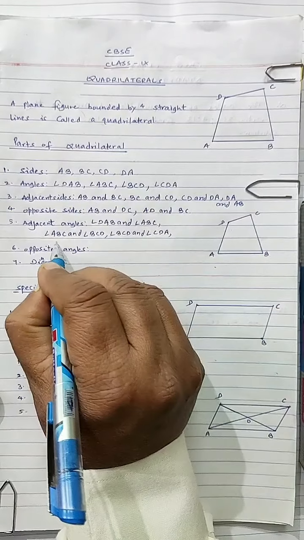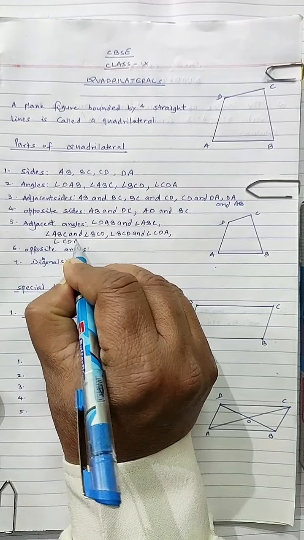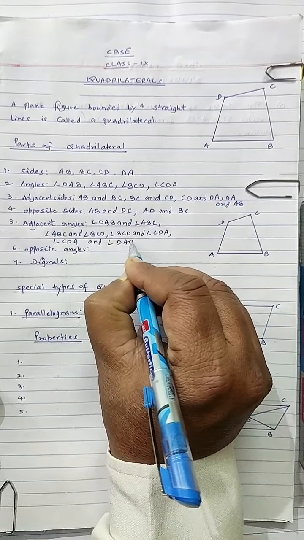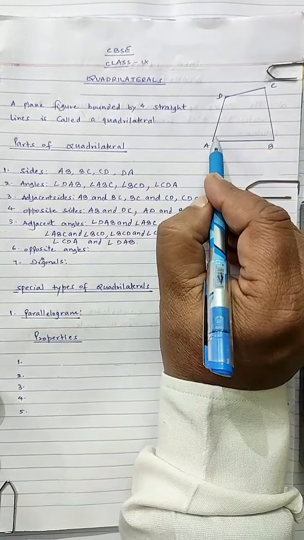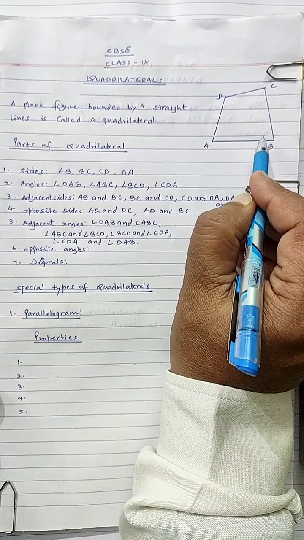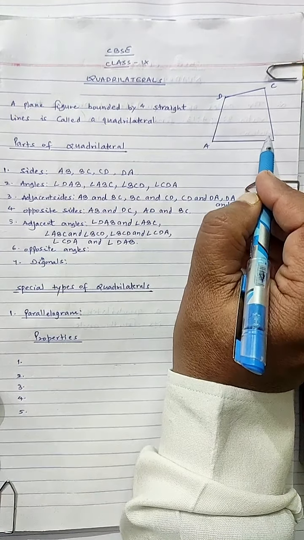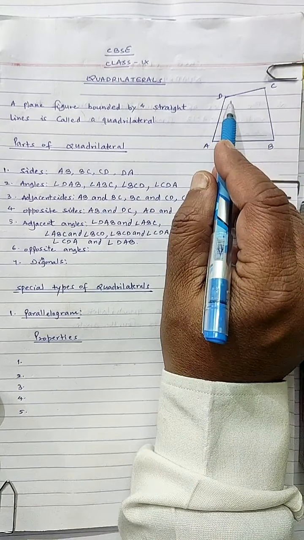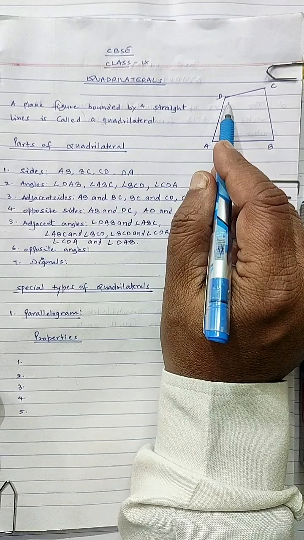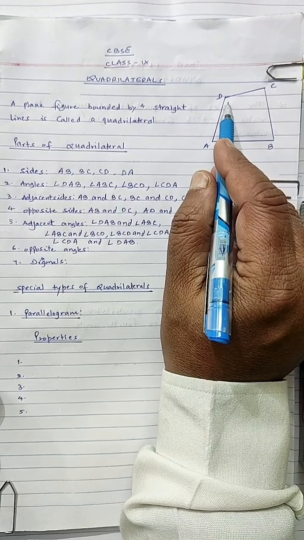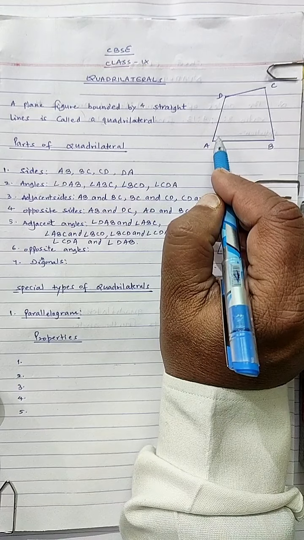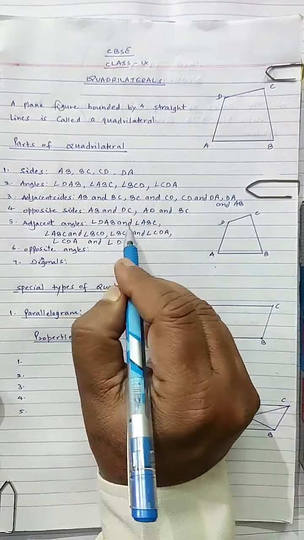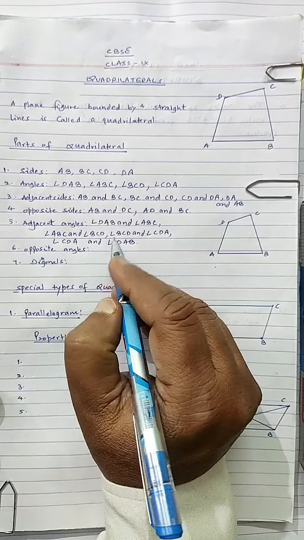Another pair is angle CDA and angle DAB. You can see angle A and angle B is one pair of adjacent angles. Angle B and angle C another pair. Angle C and angle D another pair of adjacent angles. And angle D and angle A is one more pair of adjacent angles. So we have four pairs of adjacent angles.